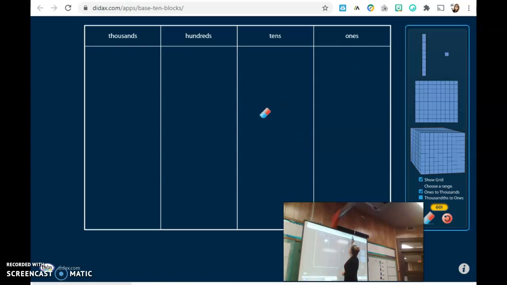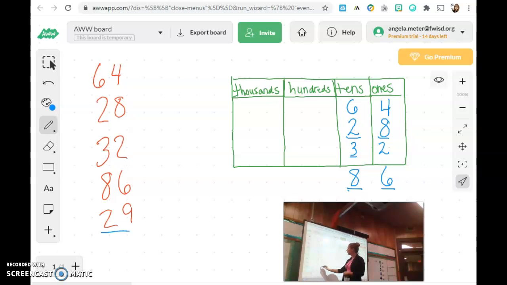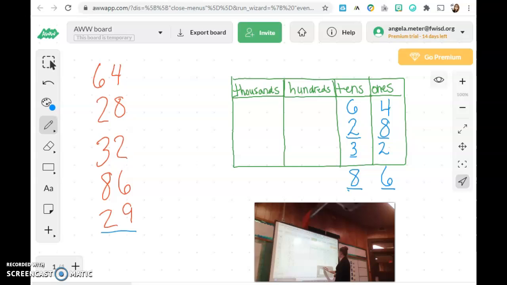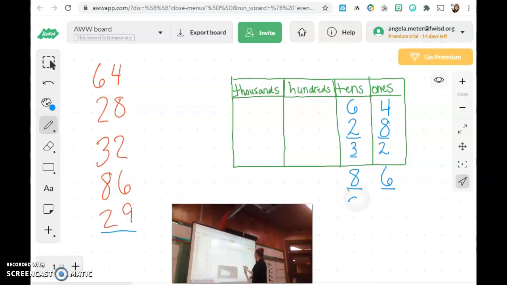So our last number is the number 29. So again, we're going to separate that out. Let me move this guy over. And we have 2, 9. 2 tens, 9 ones.